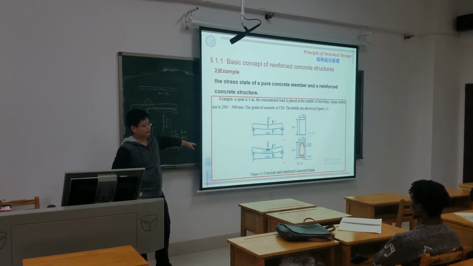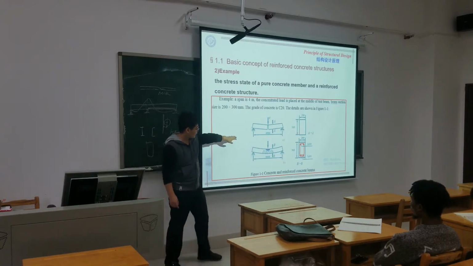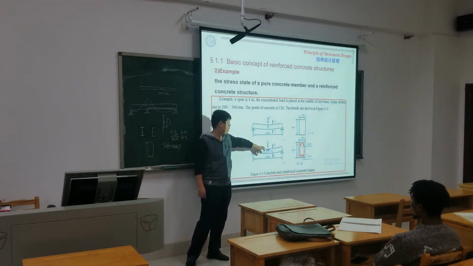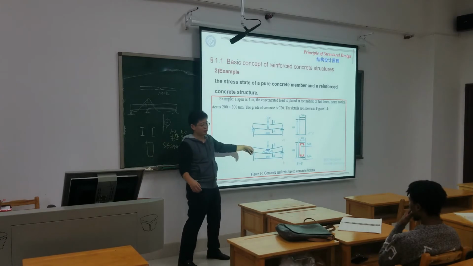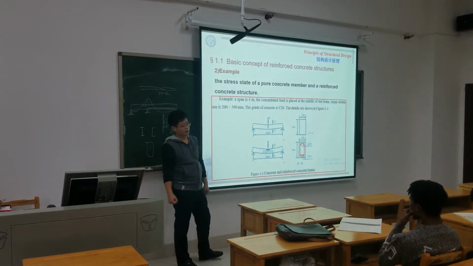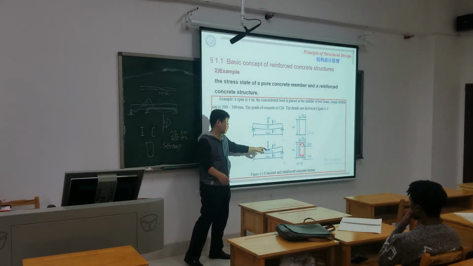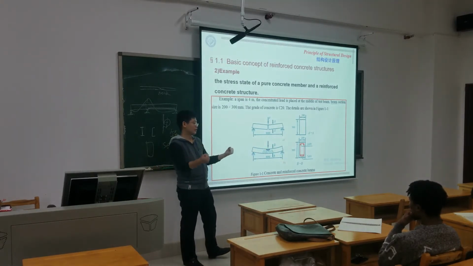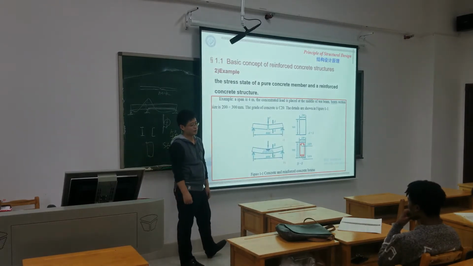But sometimes the upper part of the concrete reaches compressive strength and crushes, but the steel has not reached the tensile strength. Or in some situations, the steel reaches tensile strength, but the concrete has not reached its compressive strength.